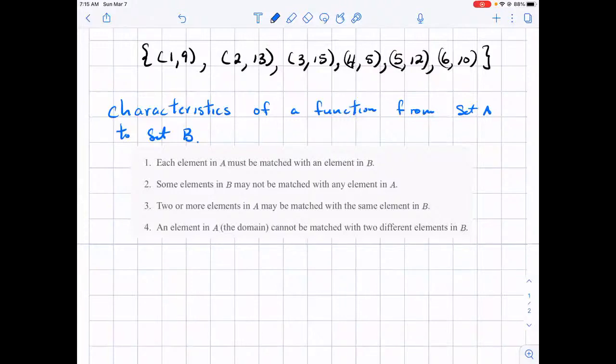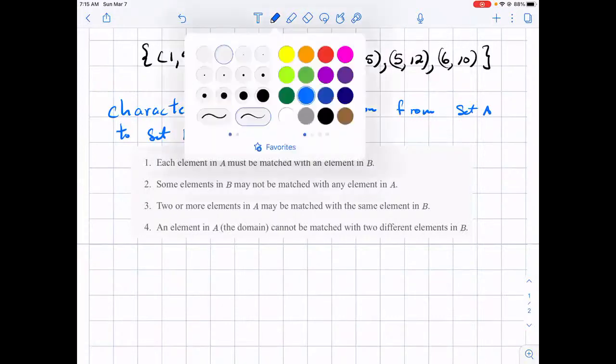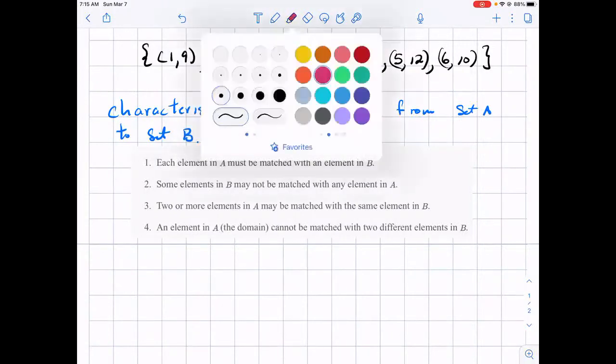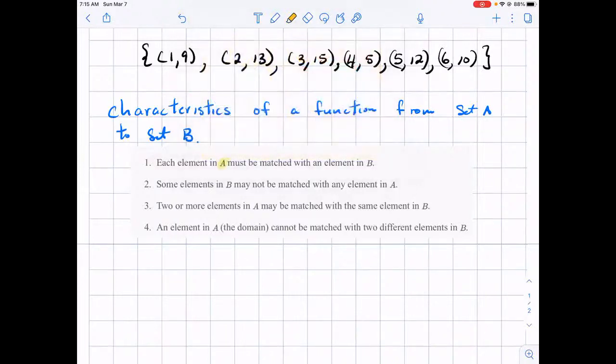So here we have characteristics of a function from set A to set B. Each element of A, right, every single element in set A must match with an element in B. Okay. Now, it doesn't say that all the elements have to be used.